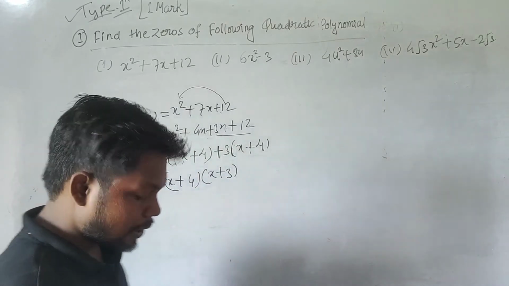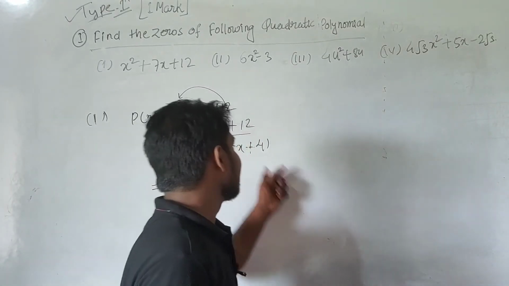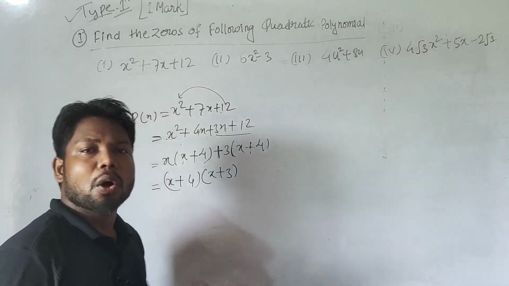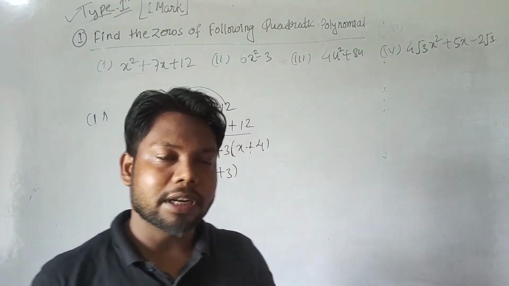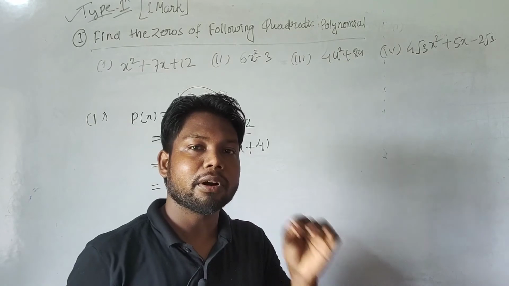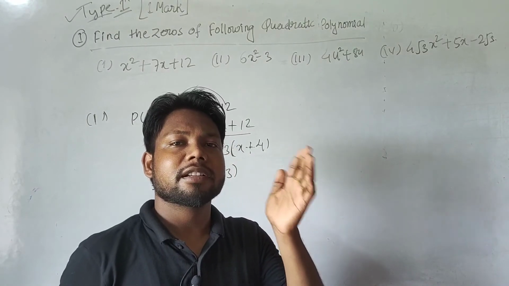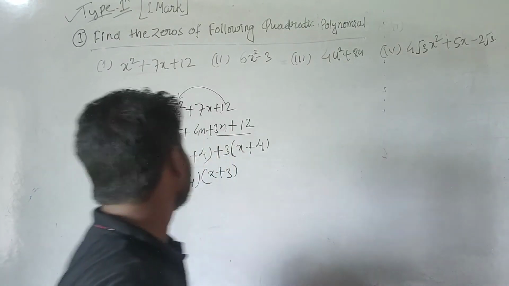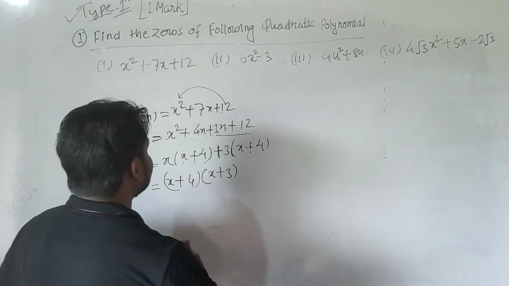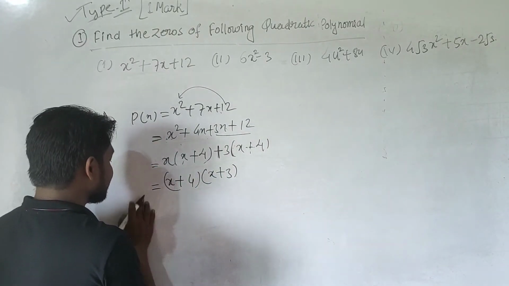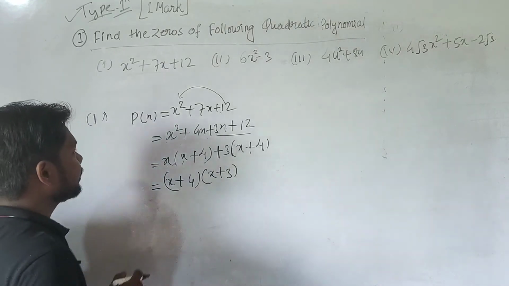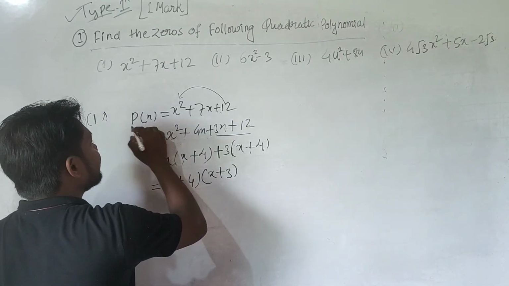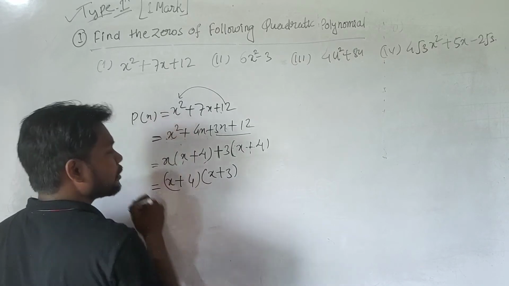Now because we have to find the zeros of a polynomial, we know very well what zeros of a polynomial are. Zeros of a polynomial are the points at which the polynomial becomes 0. So to find the zeros of the polynomial p of x, we should equate p of x equal to 0.